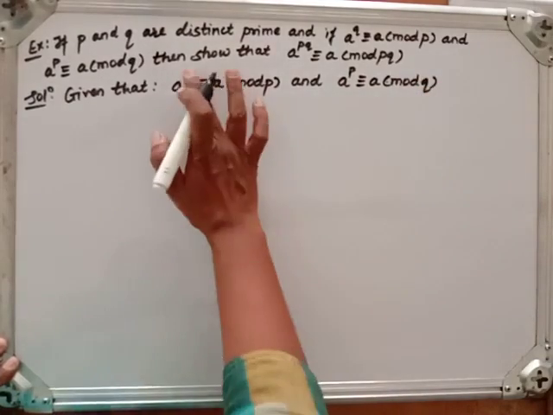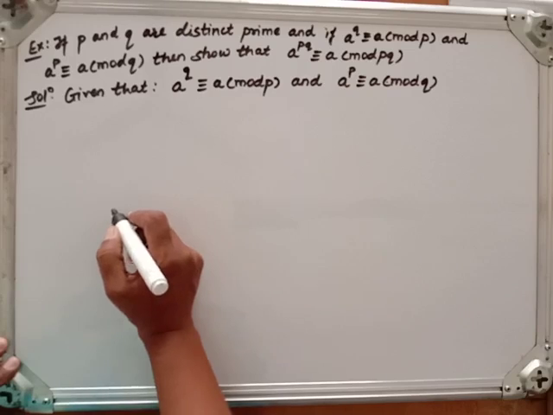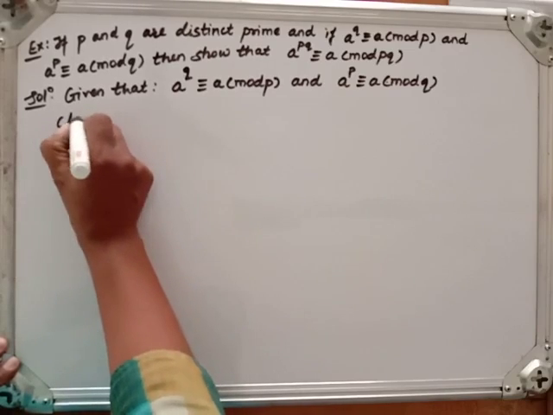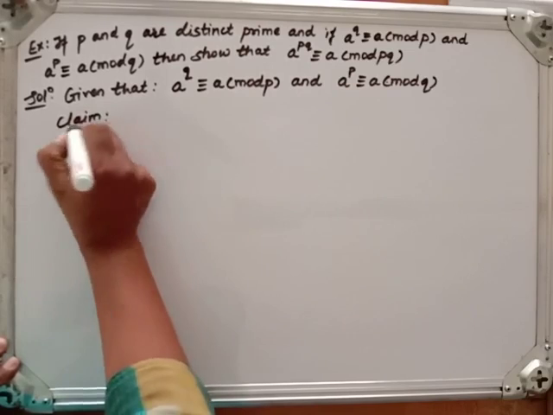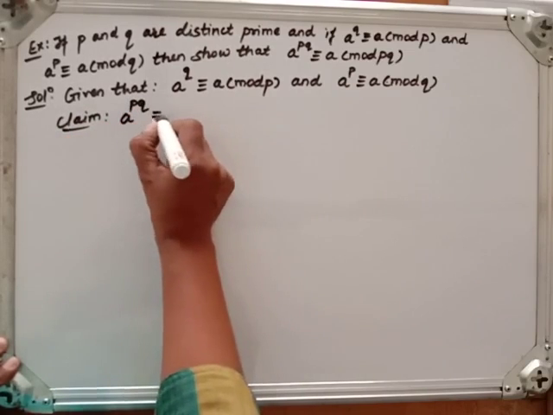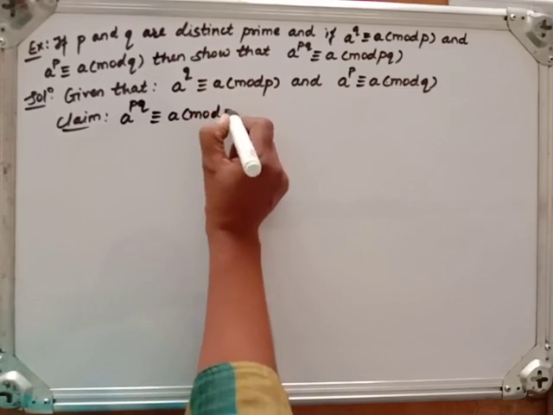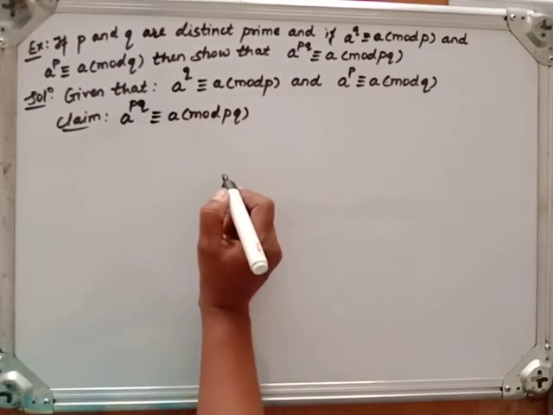This is given to us. Okay. This part is given. What is the claim? We have to show a raised to pq is congruent to a modulo pq. That part we have to show.